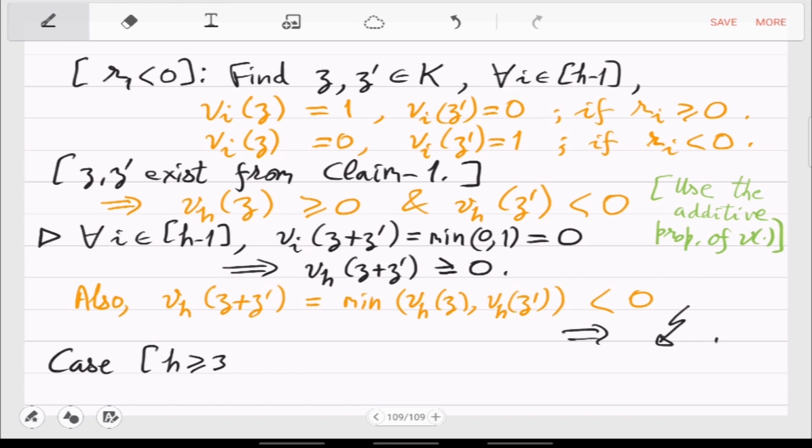So what it does is that it kills all the negative coefficients. Only the non-negative, in fact the positive ones survive. Yeah, so just one case remains, which is H greater than or equal to 3 and all the Ri are positive. This is the case remaining.